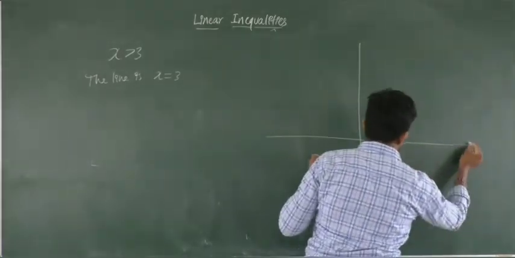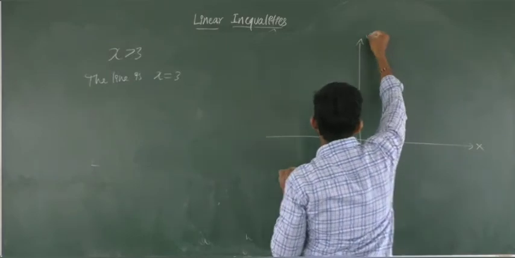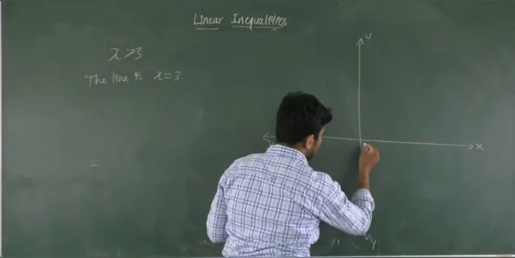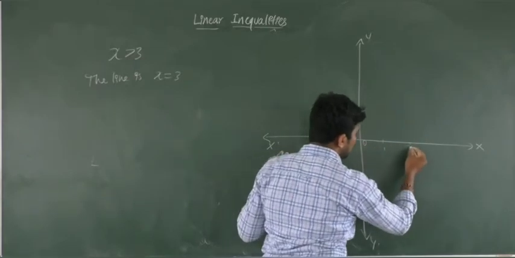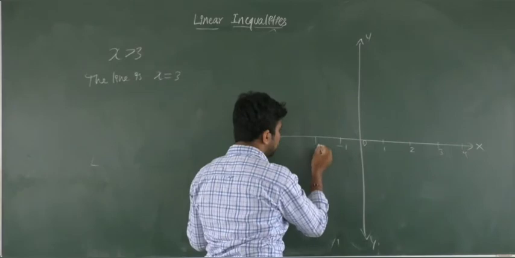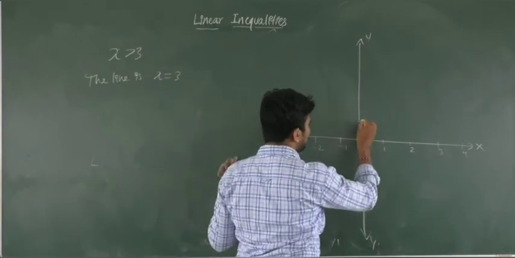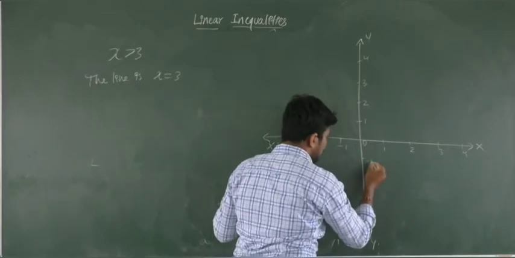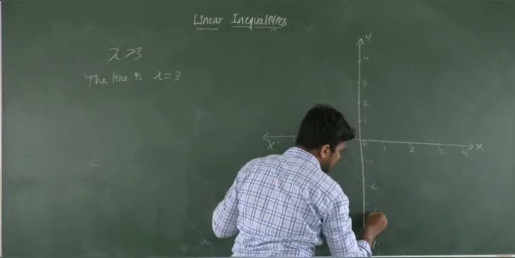So if you consider the Cartesian plane, you can observe the points 1, 2, 3, 4, and minus 1, minus 2, minus 3 on each axis, and so on.